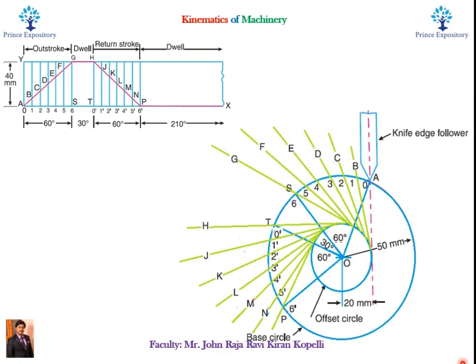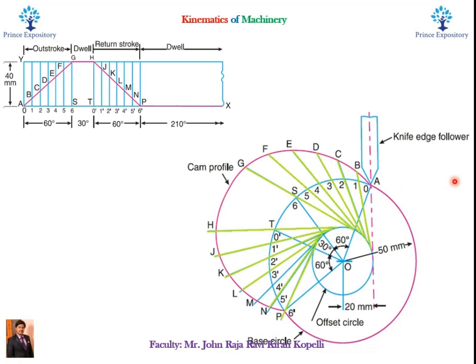And finally, join all the points from A, B, C, D, E, F. Join all the points here and up to the last point P. Also continue joining and stop at A. This gives you the cam profile for the second case, that is when axis of the follower is maintaining some offset of 20 mm with the axis of the cam.